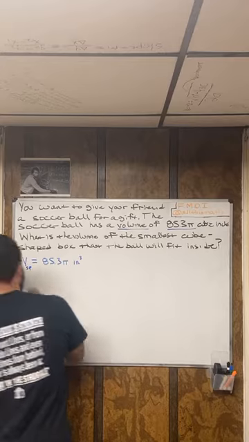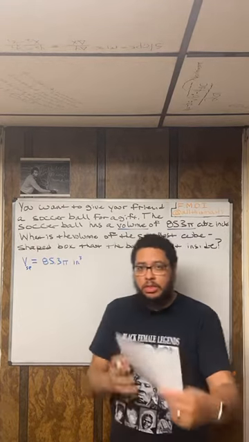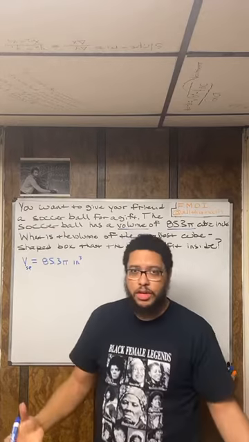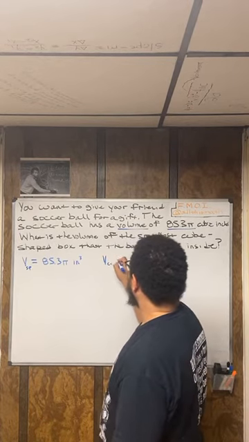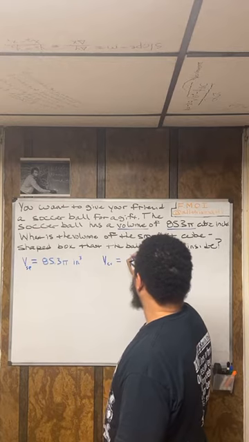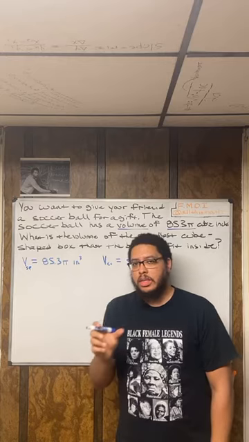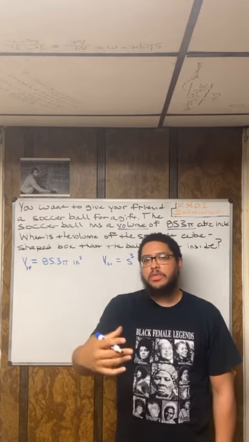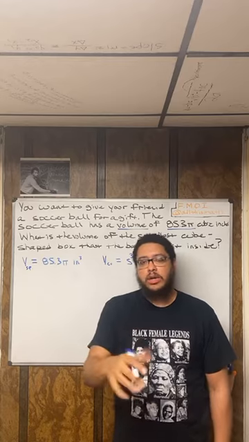I'm going to put SP for sphere, because that's what a ball is. A three-dimensional object, it's round, it's a sphere, okay? Now, the volume of a cube is just the length of one of the sides to the third power. Because in a cube, the length, the width, and the height are all equivalent. That's what makes it a cube, like a Rubik's Cube, right? The length, the width, and the height are all the same.